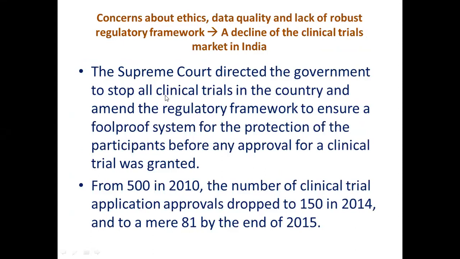The Supreme Court directed the government to stop all clinical trials in the country and amend the regulatory framework to ensure a foolproof system for the protection of the participants before any approval for a clinical trial was granted. So from 500 in 2010, the number of clinical trial application approvals dropped to 150 in 2014 and to a mere 81 by the end of 2015.